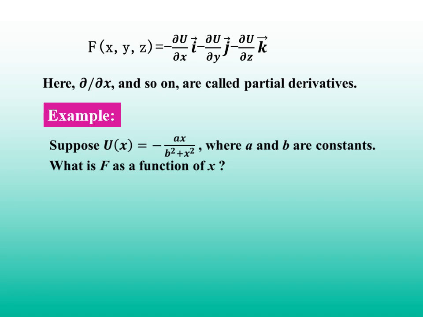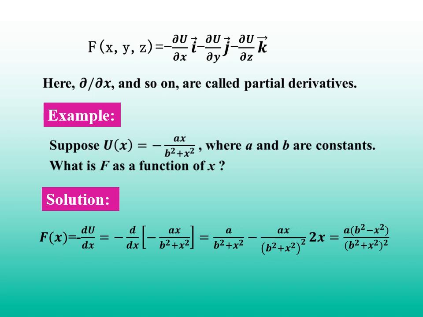Potential energy U(x) equals minus a x over b squared plus x squared, where a and b are constants. This is a one-dimensional problem.